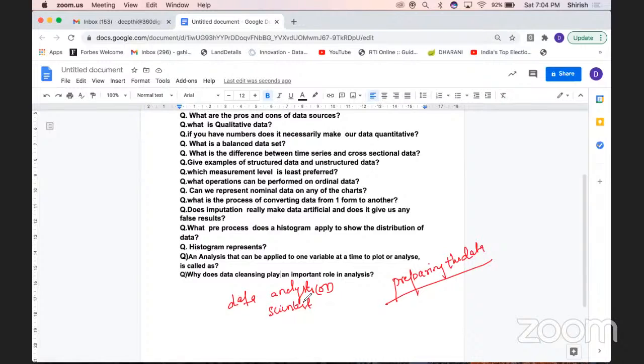As the number of data sources increases, the time taken to clean the data also increases exponentially, due to the number of sources and also the volume of the data being generated in these sources.